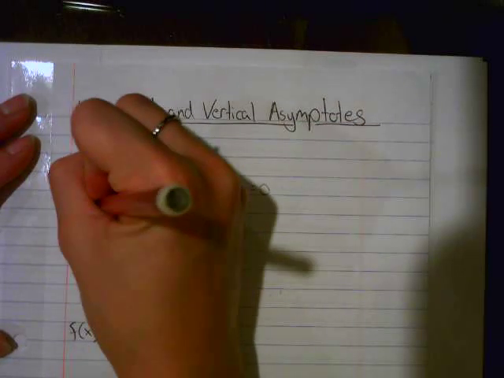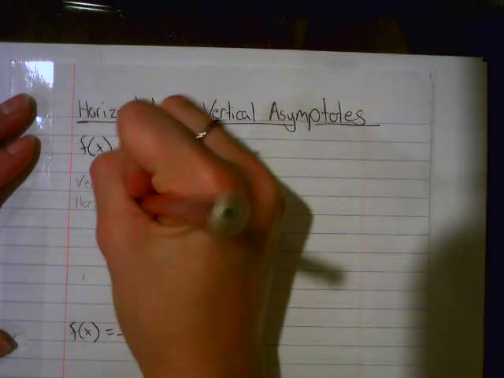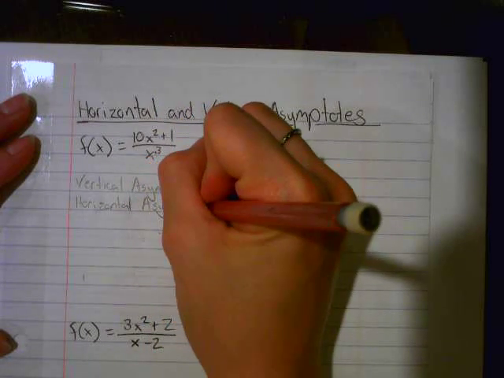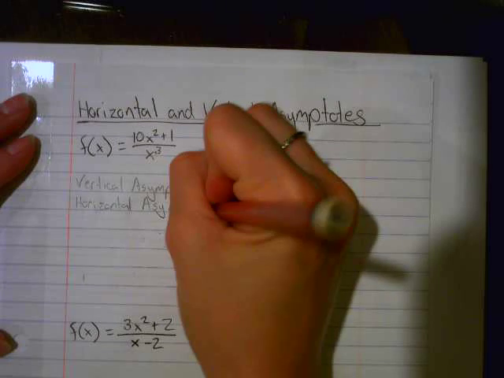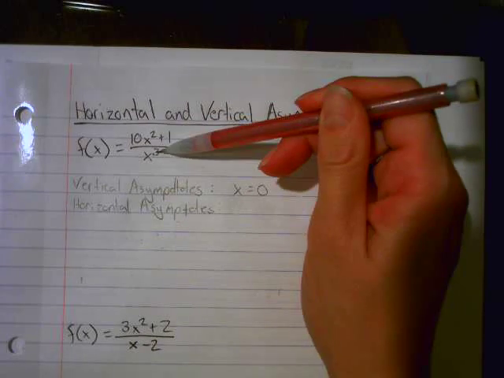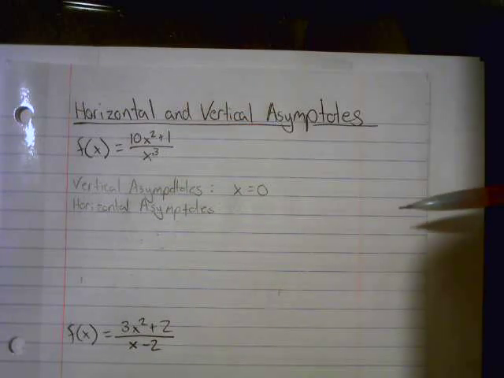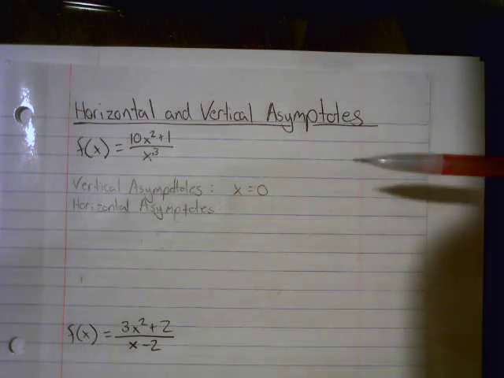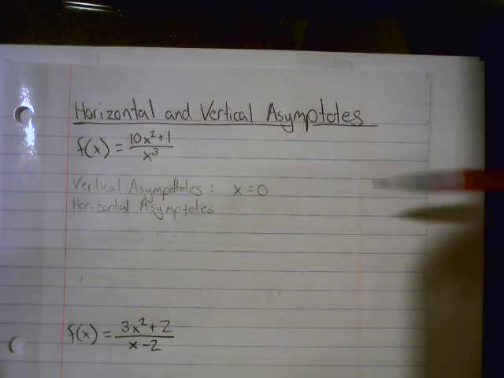For horizontal asymptotes, we need to think about the exponents of the degree of the top and the bottom polynomial of our rational function. So we're thinking, is it bigger on the bottom, bigger on the top, or are the exponents the same?